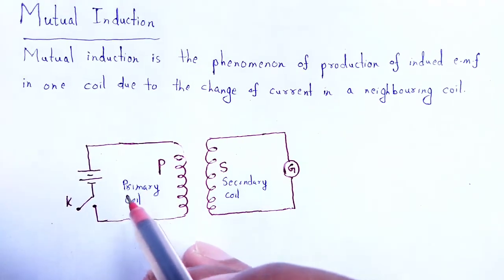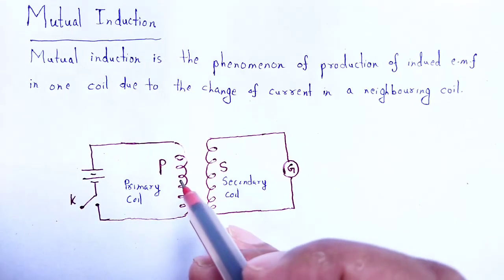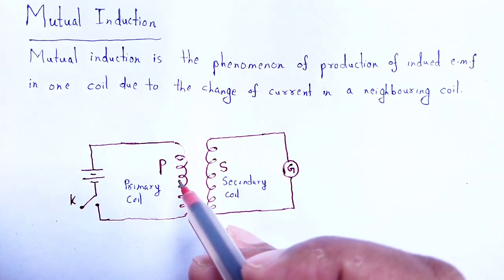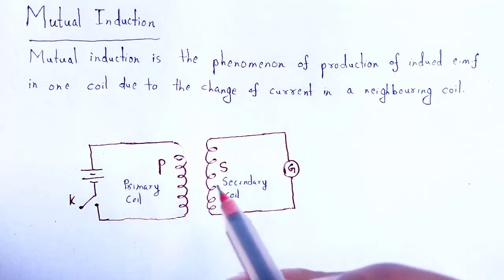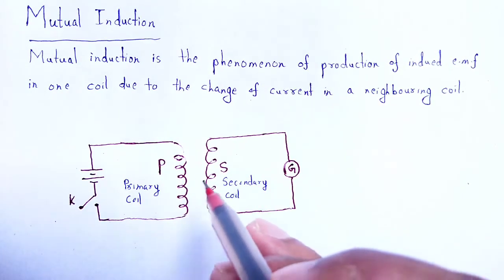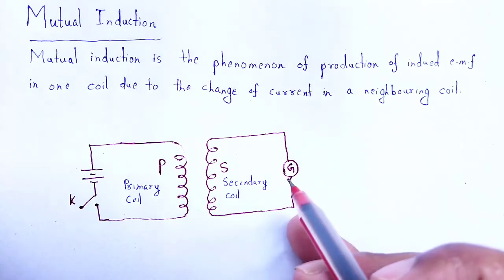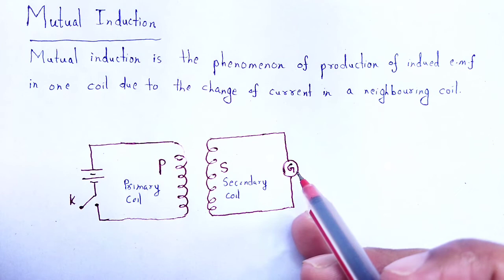When the current in the primary coil attains the maximum value, then the induced EMF in the secondary coil vanishes and the galvanometer does not show any deflection.